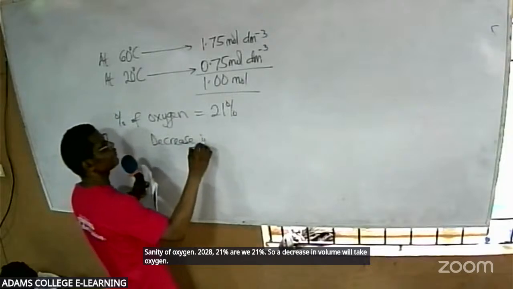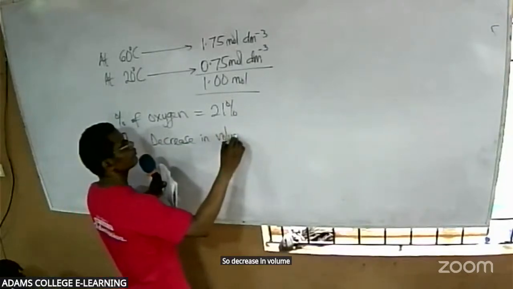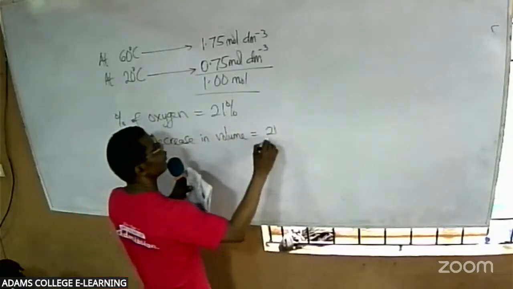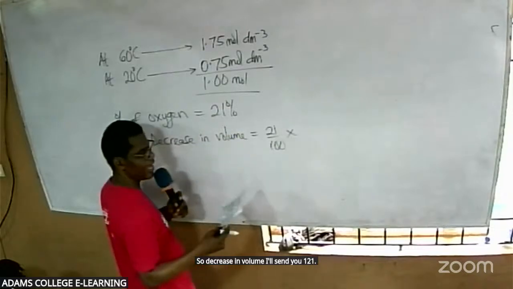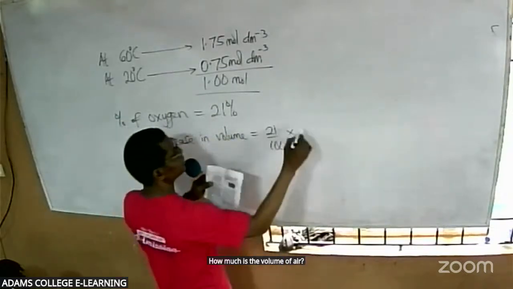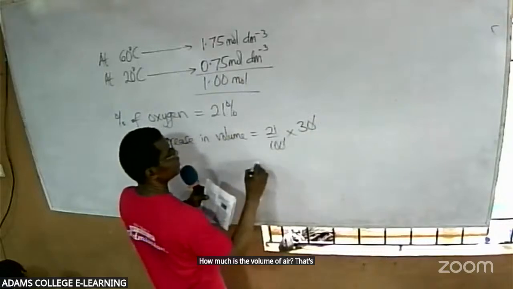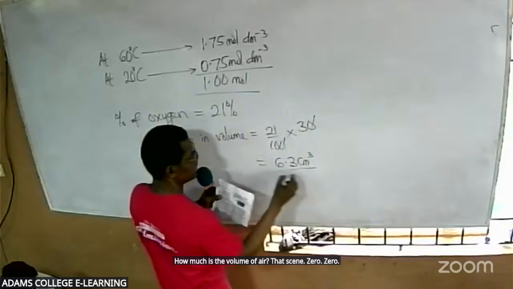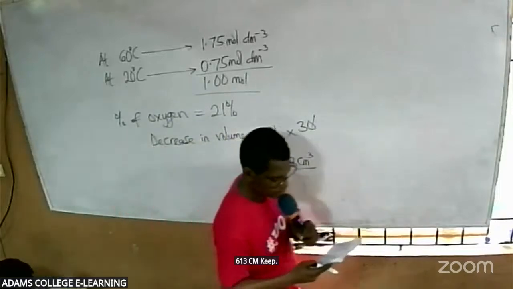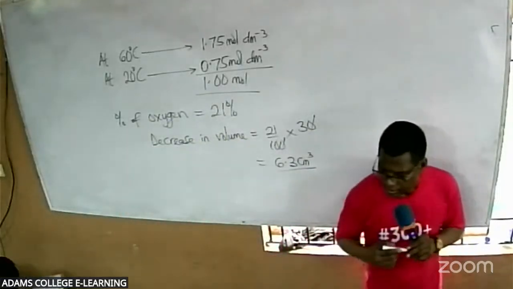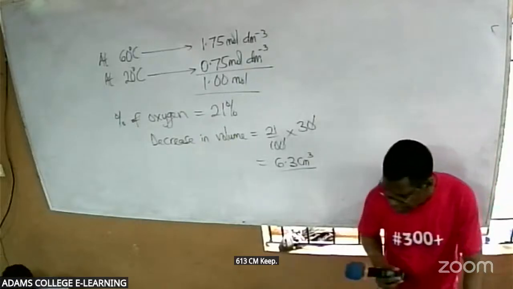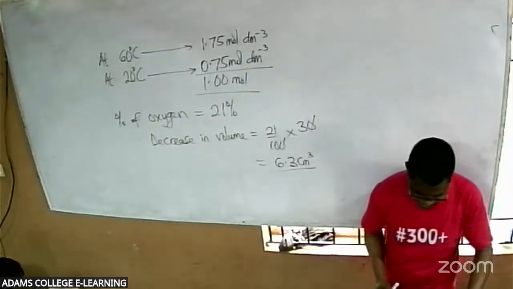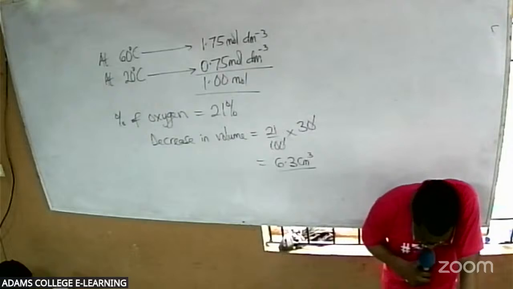So the percentage will be 21 over 100 of the volume of air. How much is the volume of air? 30. So it is 6.3 cm³. 6.3.